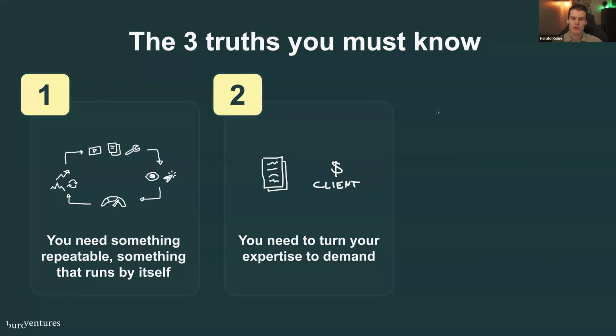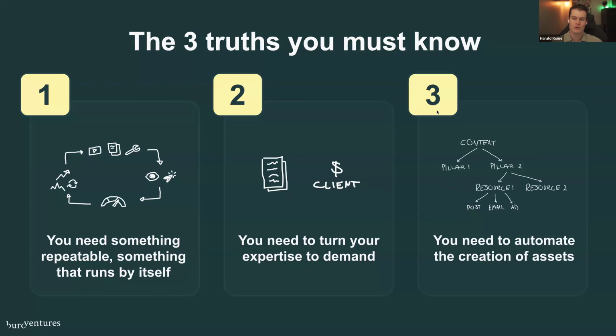And then the third truth is you need to automate the process of creating assets. And assets is really what makes you build a marketing system as maybe a one-man show or a one-woman show or one-person company or one-person marketing team to make that compound.